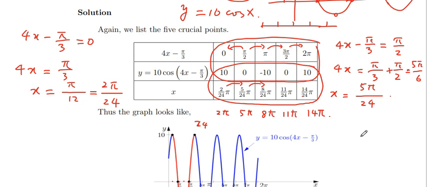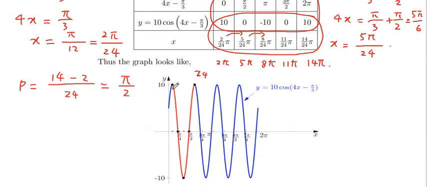So the period is 14 pi minus 2 pi over 24, which equals pi over 2. So pi over 2 is its period.